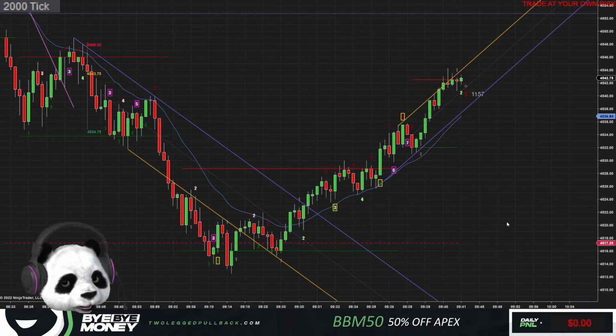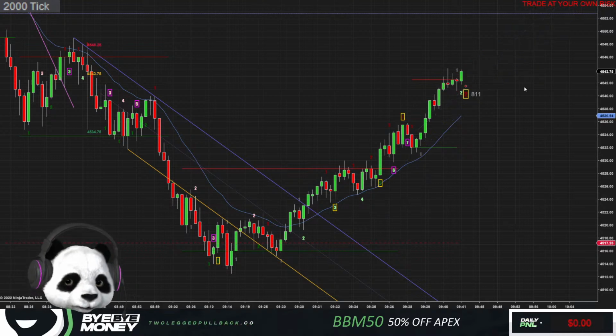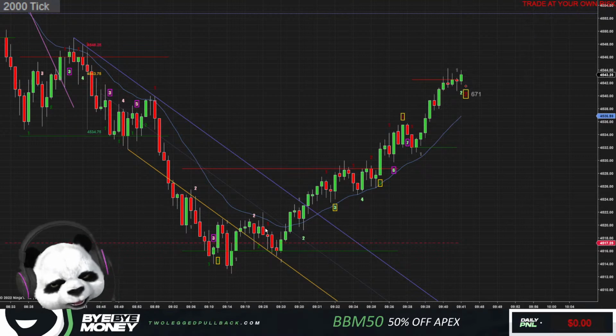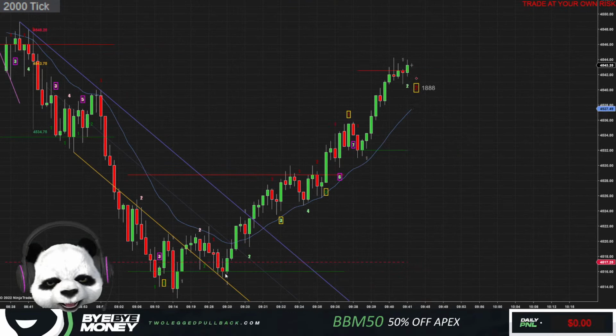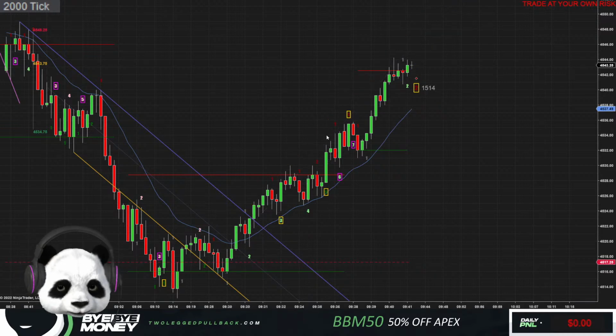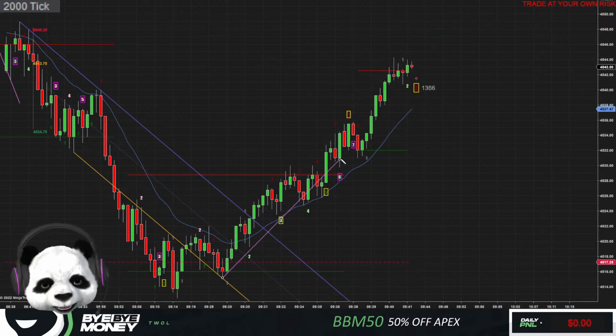Interesting. It's hard to chart this because as you can see, it's actually accelerating as it goes up. Even if I were to draw this, we've got first break of trend. Kind of hard to draw this.